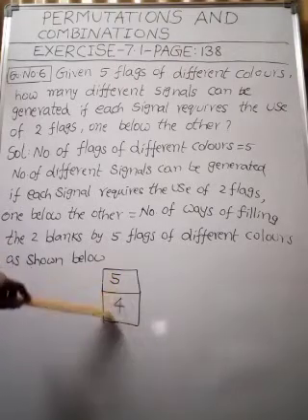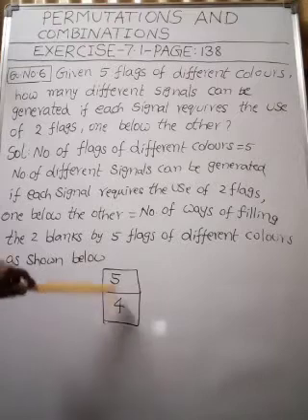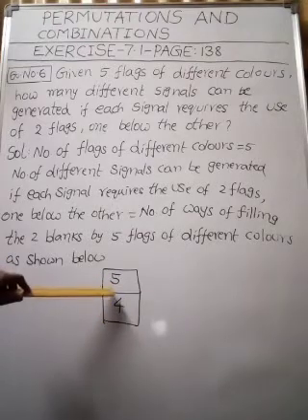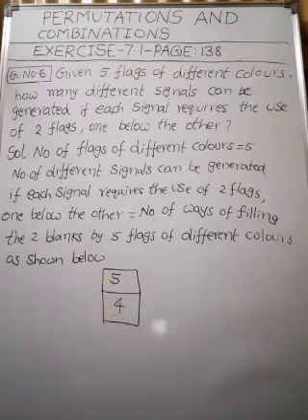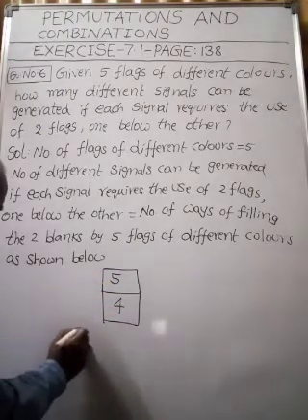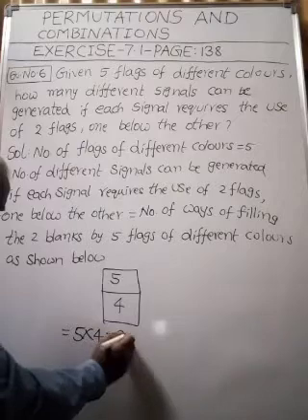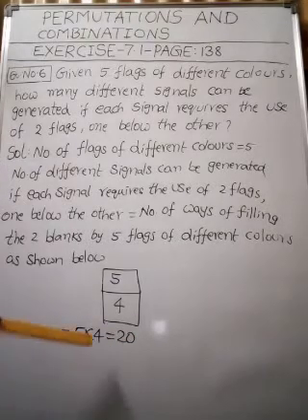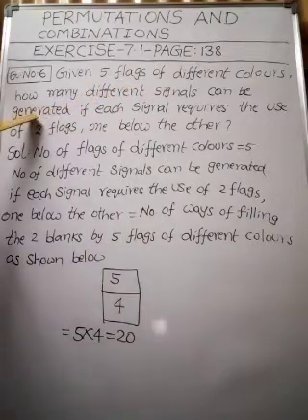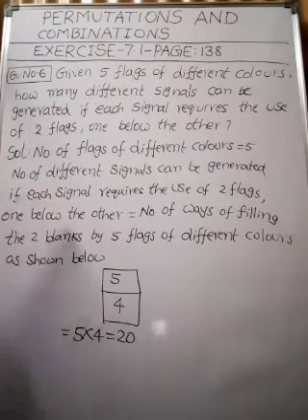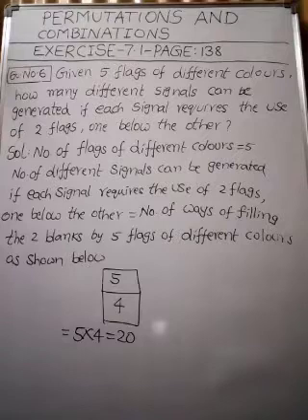So these 2 operations can be performed one after the other. Okay, my children, understood? So 5 into 4, that is equal to 20. So 20 different signals can be generated.